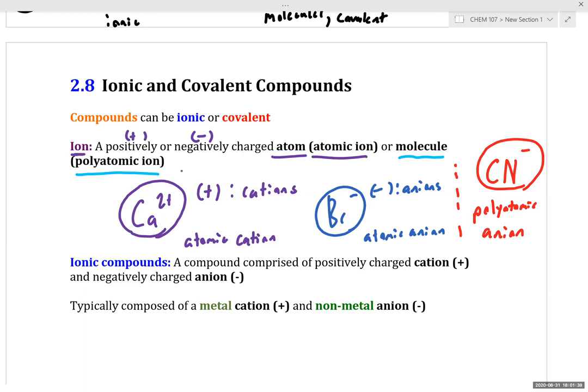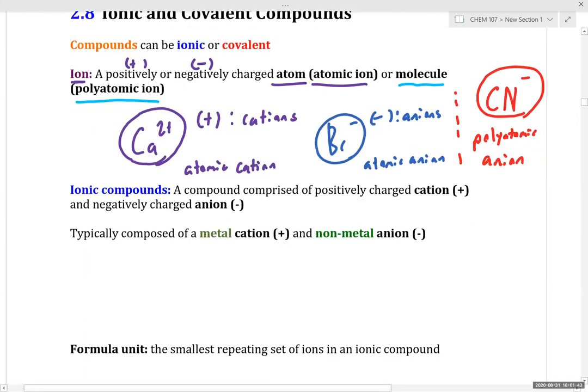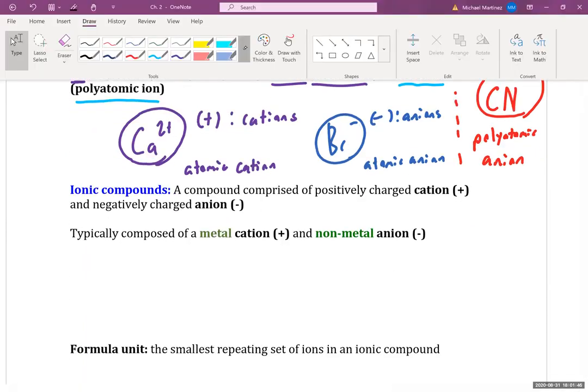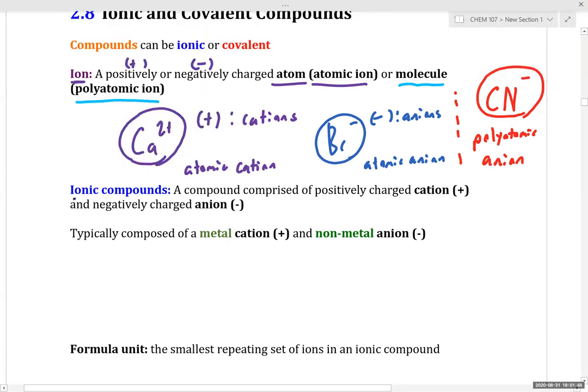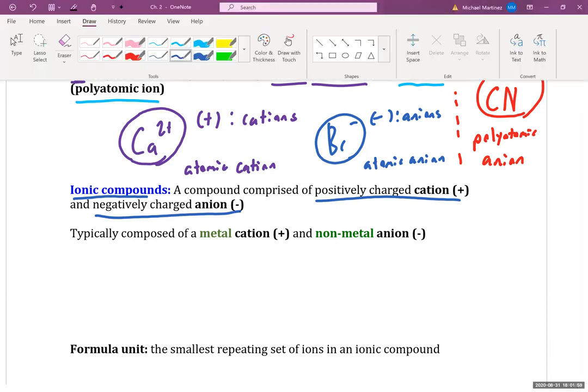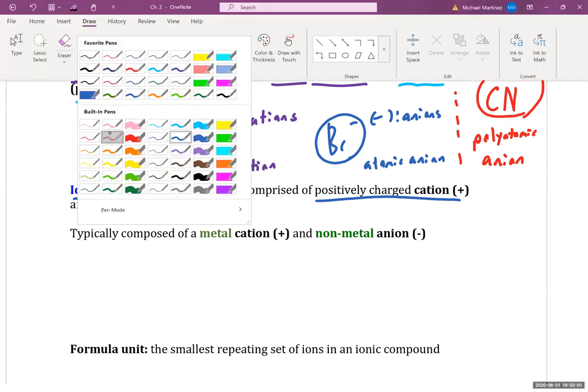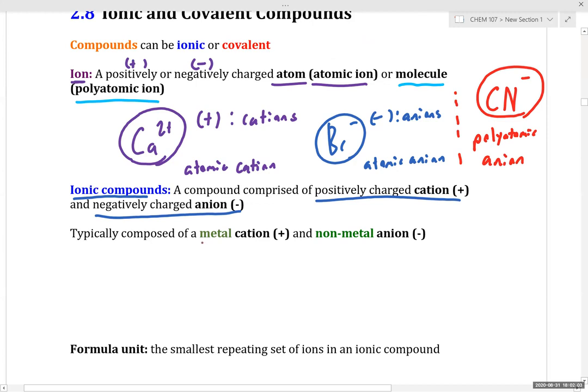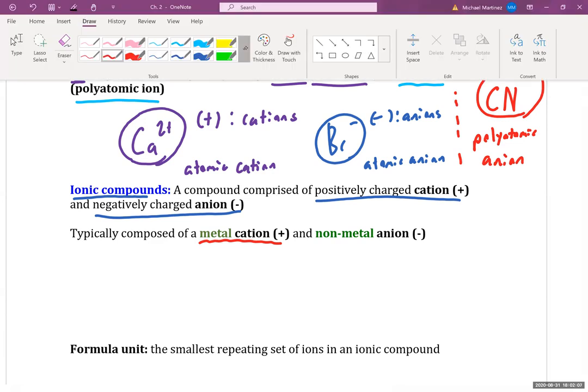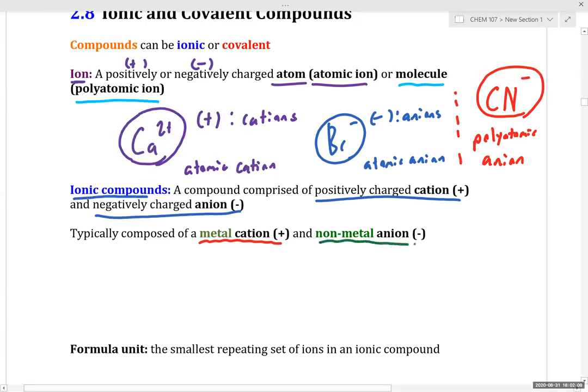Now, why is this important? Well, ionic compounds are a subclass of compounds that in turn are composed of a positively charged cation and a negatively charged anion. Now, overwhelmingly, ionic compounds are composed of a metal cation and a non-metal anion.